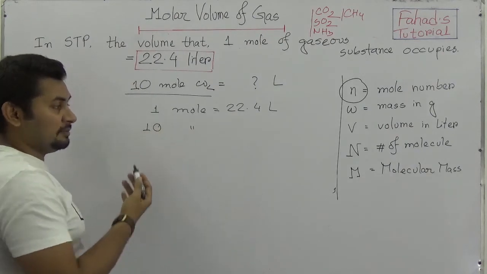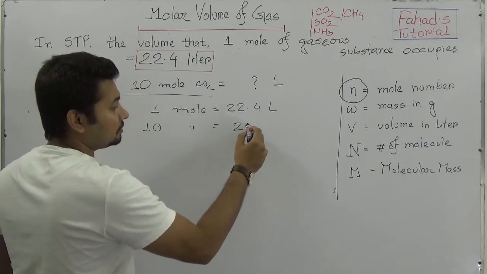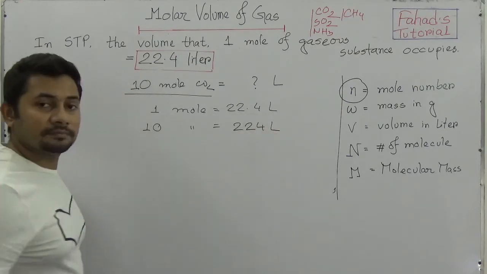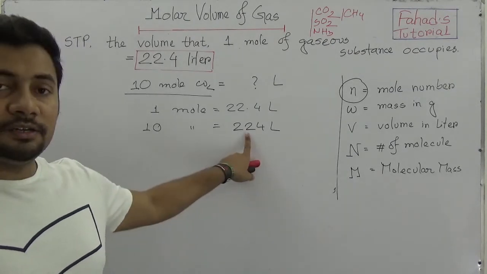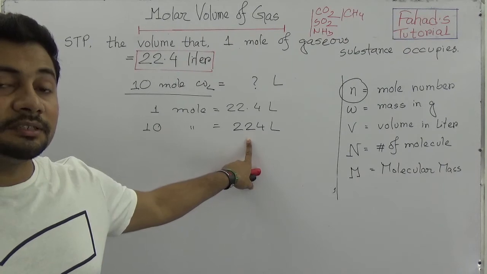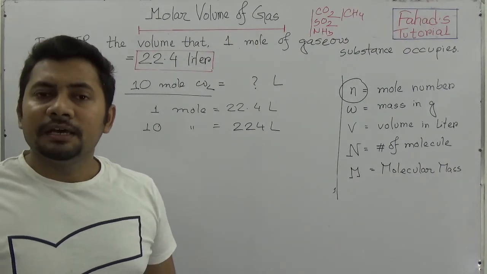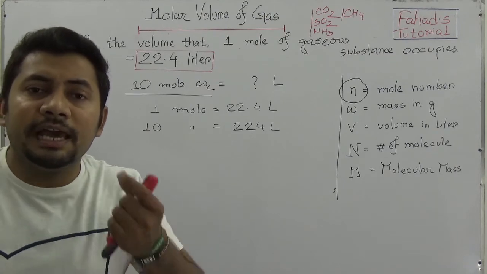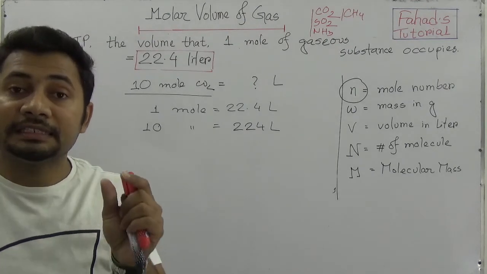I just need to multiply by 10, and then it will be 224 liter. So 10 mole carbon dioxide is actually 224 liter carbon dioxide.